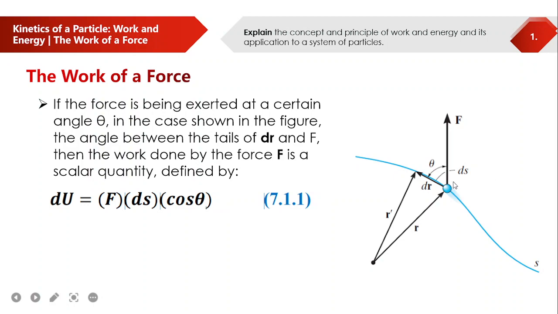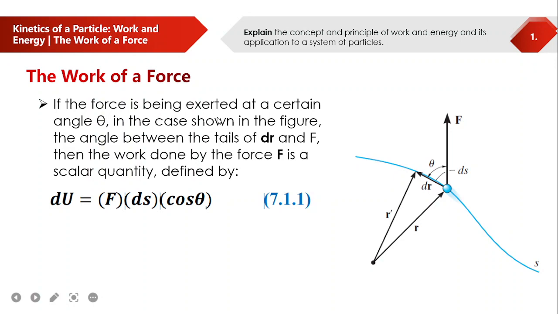Kasi nga, kukunin natin dito is yung adjacent side ng force natin. Kumbaga, dalawa to, di ba? May dalawang components to. Let's say if we have our axis here, so we have our y component and x component of our force, di ba?